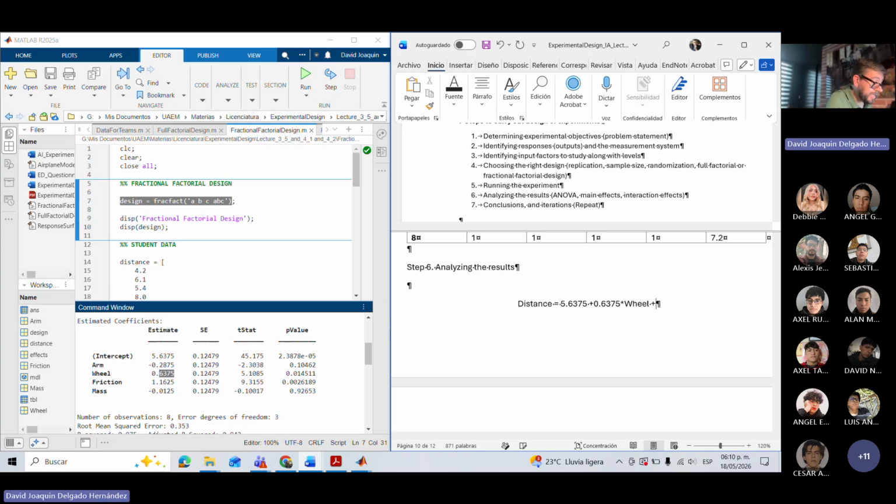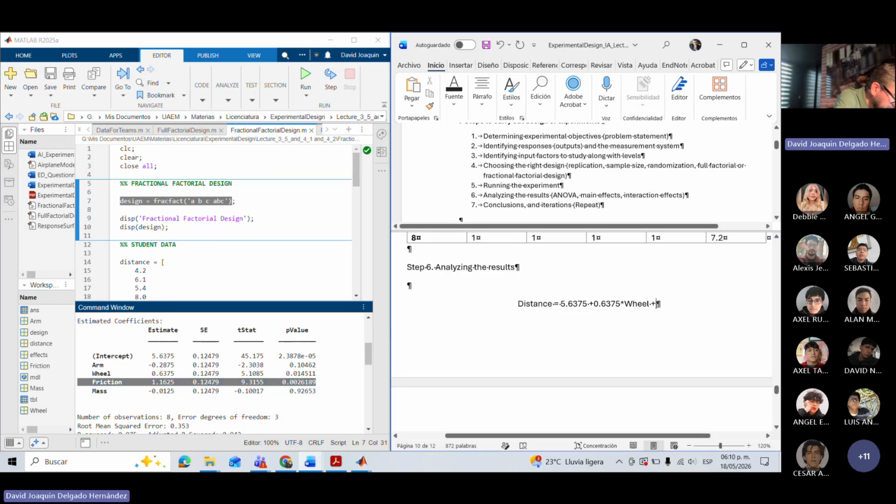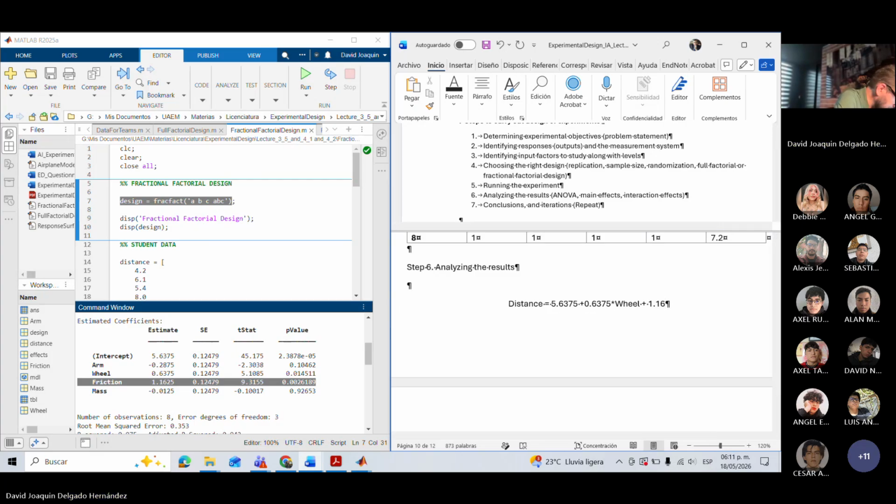Here, friction is also important because I am comparing this p-value with 0.05. So let us put the coefficient, which is 1.1625 times friction.